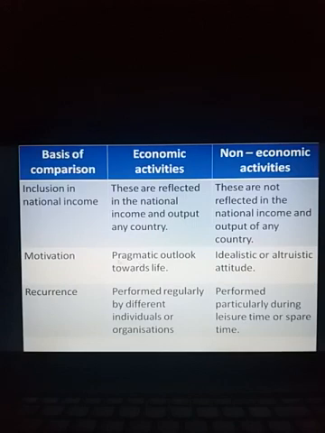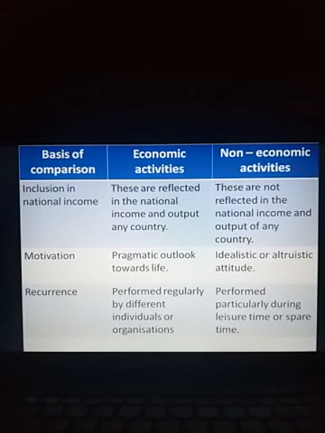That's why they think practically than theoretical. Whereas the other side, that is non-economic, it is idealistic or altruistic attitude. See, observe, pragmatic, idealistic.